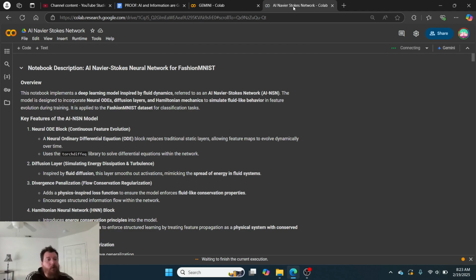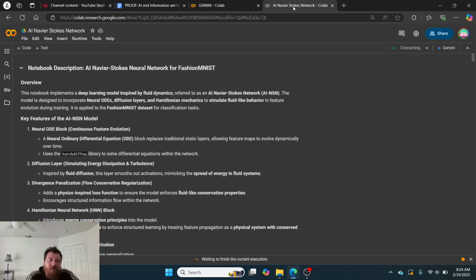So we go through this notebook of AI Navier-Stokes networks, and the bottom line here is the most important part of this particular notebook is the last cell. The other cells are building up to it, but I'll show you everything that's in these experiments, right? So this notebook implements a deep learning model inspired by fluid dynamics, referred to as an AI Navier-Stokes network, or AI-NSN.